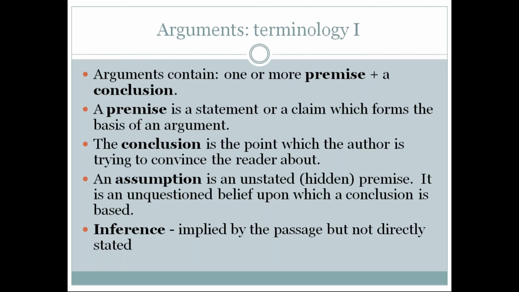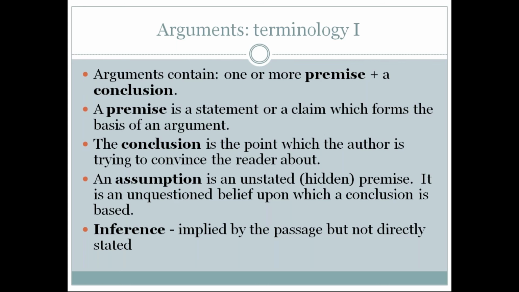The conclusion is usually explicit and is usually the point of the argument, whereas an inference is implied, not explicit, and is also not usually the main point of the argument. It's a subsidiary or secondary point. So there are two differences between an inference and a conclusion: it's implicit, and it is secondary to the main argument.